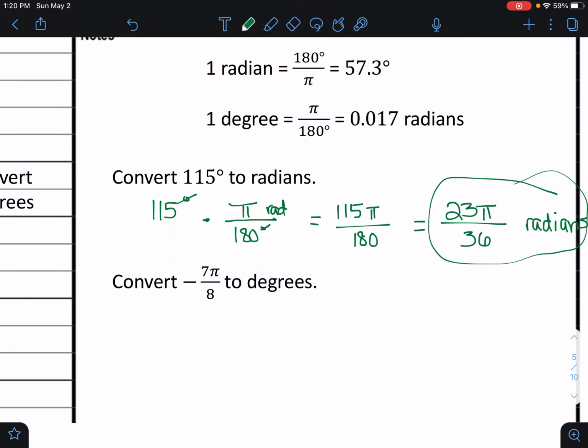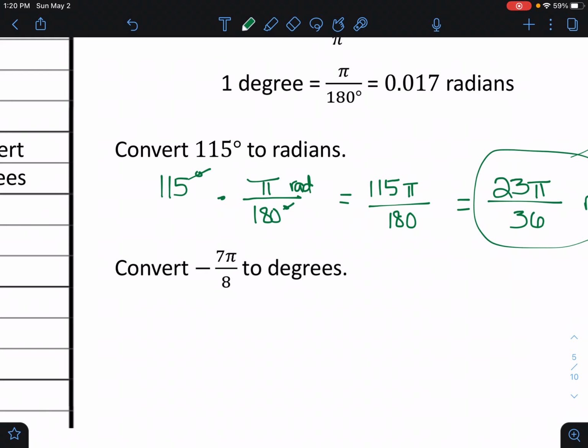So how do I go the other way? Well, let's say I have negative 7 pi over 8. Now this is radians, and I look at where the pi is to try to cancel that out. The pi is in the numerator here, so the pi radians has to go on the bottom, and 180 degrees on the top.